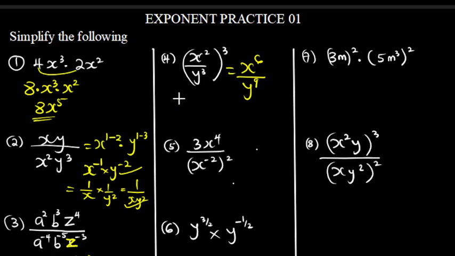Okay, so don't forget a over b, all to the power of m, is the same thing as a to the power of m over b to the power of m, because this m outside here, which is the power, is affecting everything inside the parentheses.